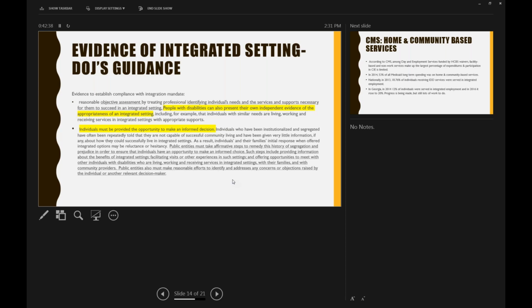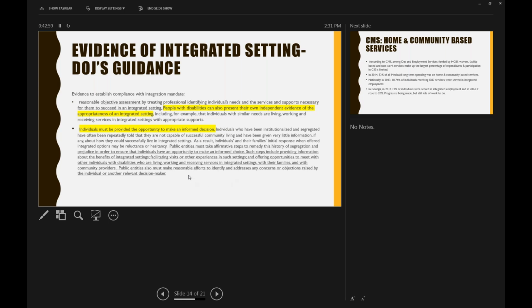But people themselves, according to the DOJ, can also present their own independent evidence. And how's that done? Well, by them working out in the community, living in the community and receiving services. Just by them doing it is evidence.